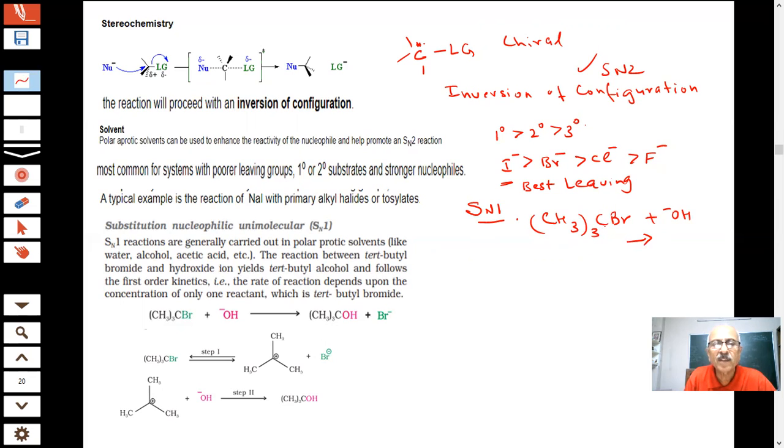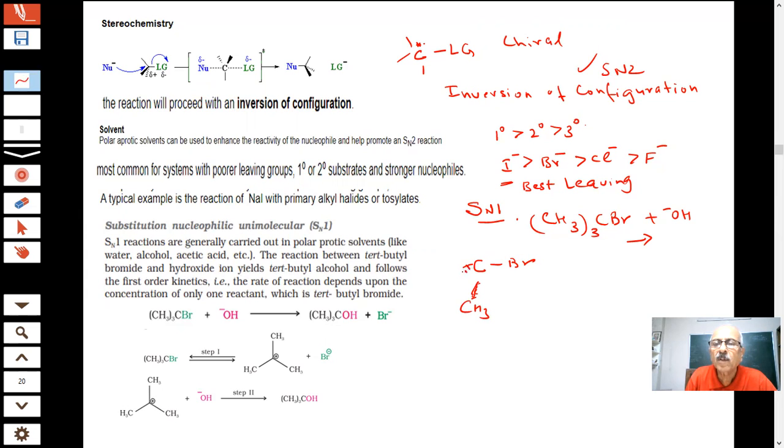How does it look? This is my Br, and these are your CH3 groups.